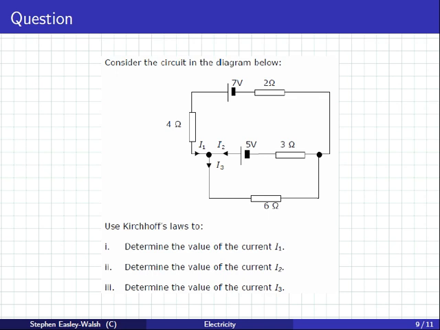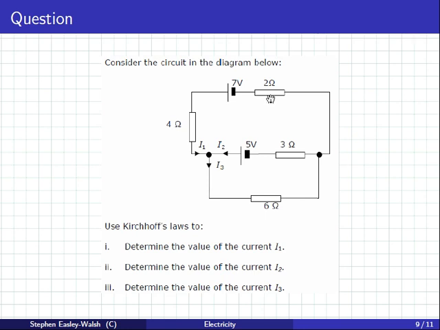Minus 5 volts, because the battery's the wrong way. You see, you have the plus side with the plus side. Now you should go down, it's easier. 7 minus 4I1 minus 6I3, and minus 2I2. No, actually, this one's not I2. What's this one? I3? No, not I3 either.